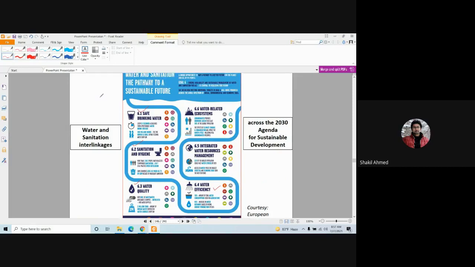So you can see that goal number 6 is directly focusing on WASH.